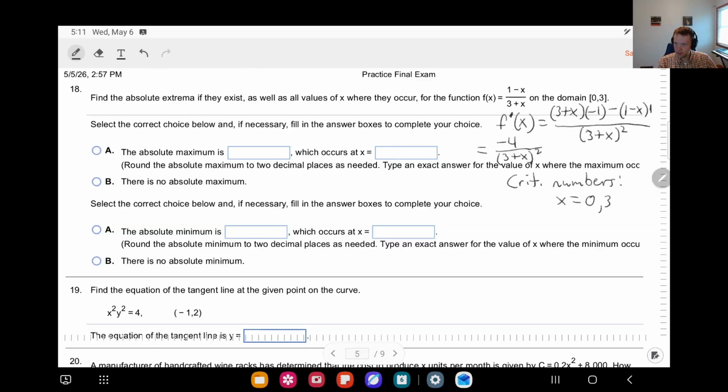Okay, and we know that these absolute extrema will exist. Why? That is the extreme value theorem, EVT. The absolute extrema exist on the interval from 0 to 3 since f is continuous on this closed interval.